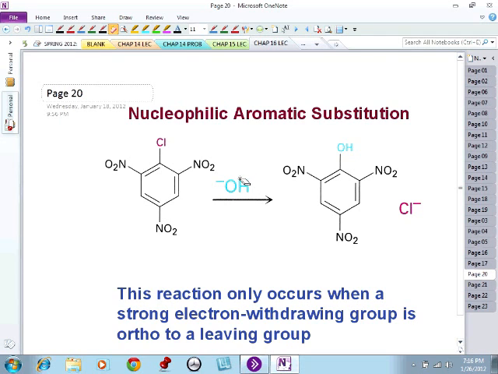Why do we call this nucleophilic? Why nucleophilic instead of electrophilic? Because the species that is attacking has electrons. It's a nucleophile. In other words, it is rich in electrons. Okay, in this case we could use hydroxide.